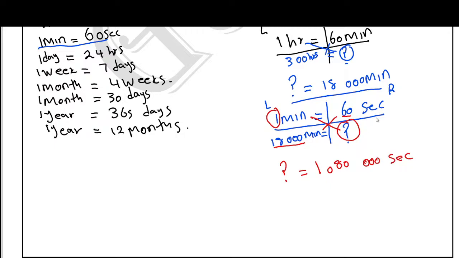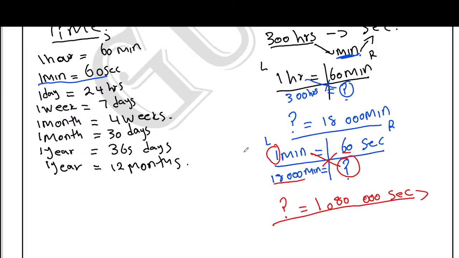Remember, this is equivalent to 300 hours, meaning that 300 hours is equal to 1,080,000 seconds. Okay, in that order.